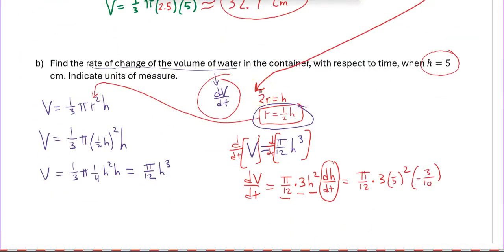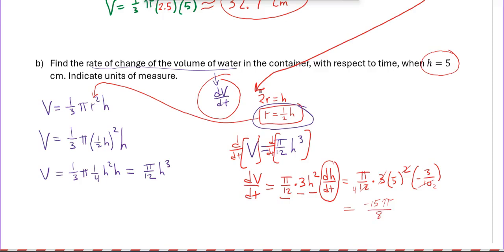If we simplify this out a little bit, it will look a little bit cleaner. 3 goes into 12 4 times. We divide by 5, divide by 5, if I'm not doing anything incorrect. So we have 3 times 5 left, -15 pi, and then in the denominator, 4 times 2 is 8.